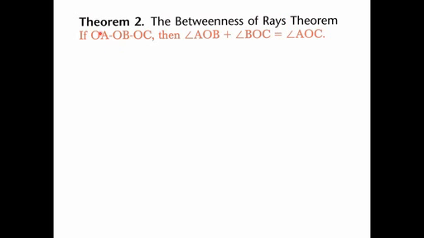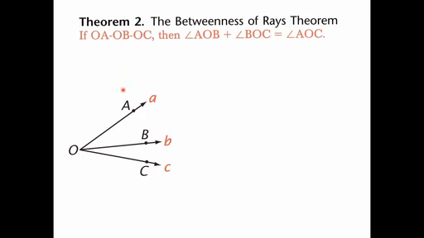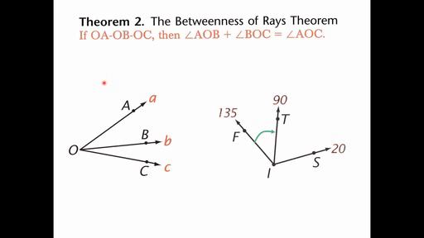Betweenness of points, we said if one point is between the other two, then the sum of the two segments equal the whole segment. Here we say if ray OB is between ray OA and OC, in other words, we've already determined that. This is our given. It is between. Then we can, let's put some coordinates to that, then we can say that angle FIT in this case, which is 45, how did I get that? Did I just put that in?